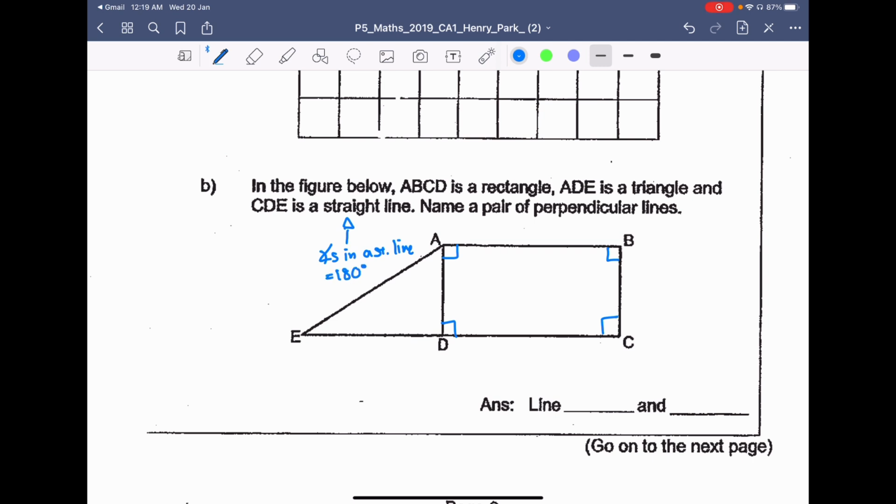Since ADC is 90 degrees, ADE will also be 90 degrees because 180 minus 90 equals 90 degrees. They just want you to name a pair of perpendicular lines. So you can name any pair, such as AB perpendicular to BC, DC perpendicular to AD, so on and so forth.